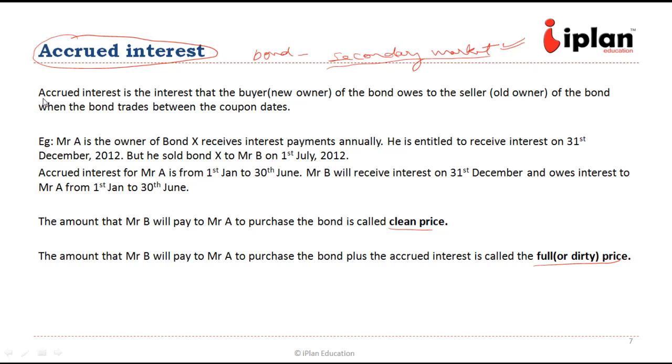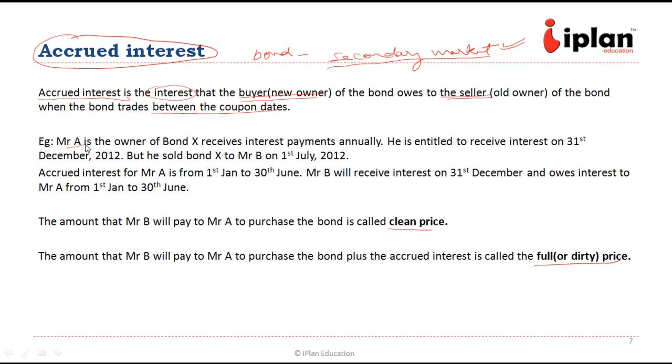Now let us look at the definition. The accrued interest is the interest that the new owner or the buyer of the bond owes to the seller, and it happens since the trading of the bond is happening between coupon dates.